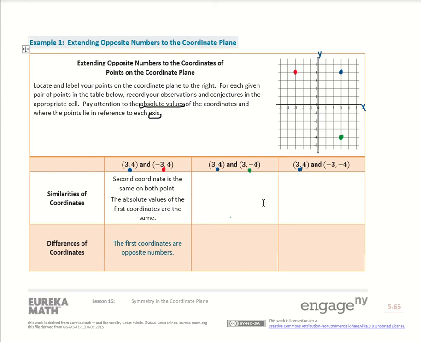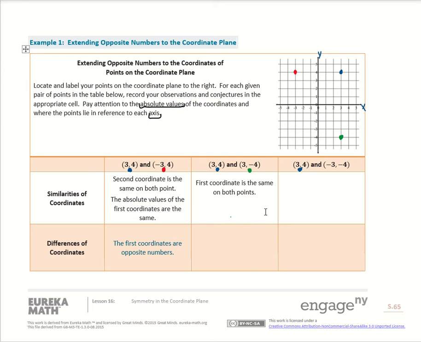In this case, the first coordinate is the same on both points. In the last one, the absolute values of my first coordinates were the same, and that is still technically true, but it's unimportant because we know they're the same.